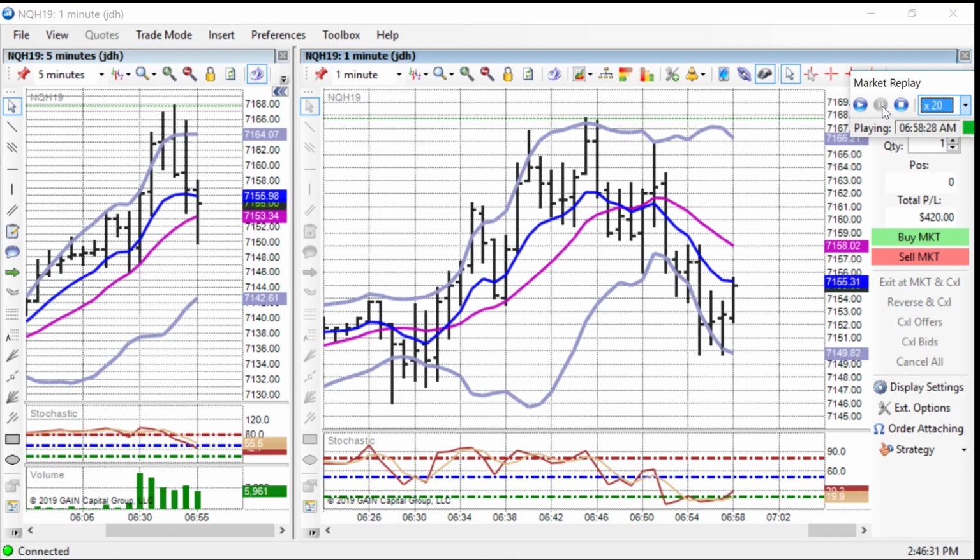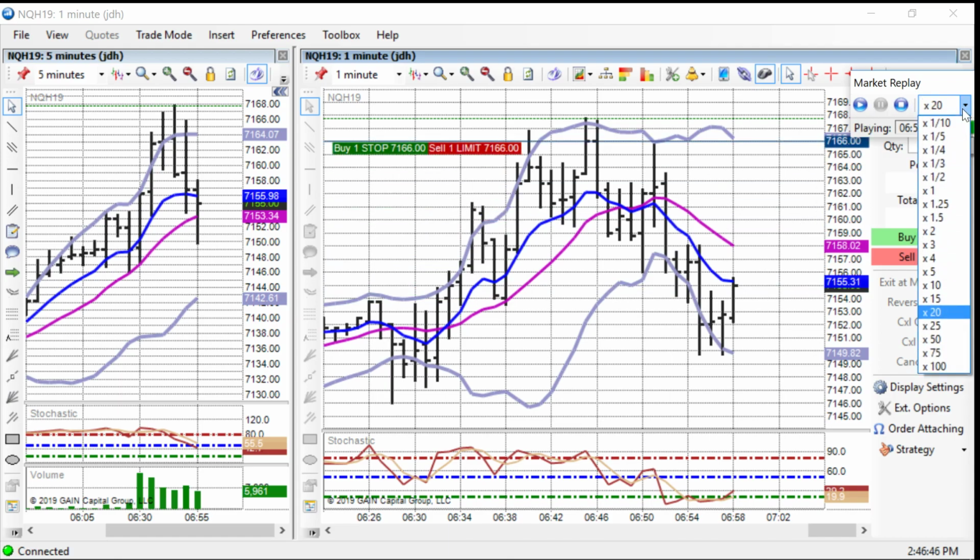Okay. That's what I like to see. I like to see it actually hit the line, and then that's an alert right there that you need to be looking for a P3 point.